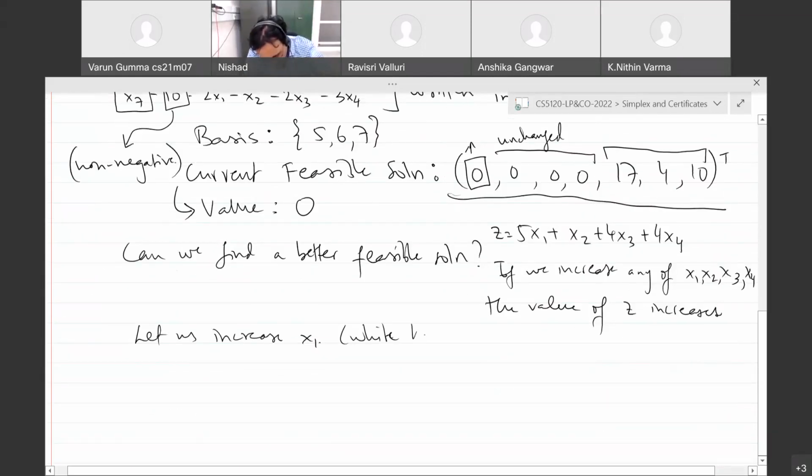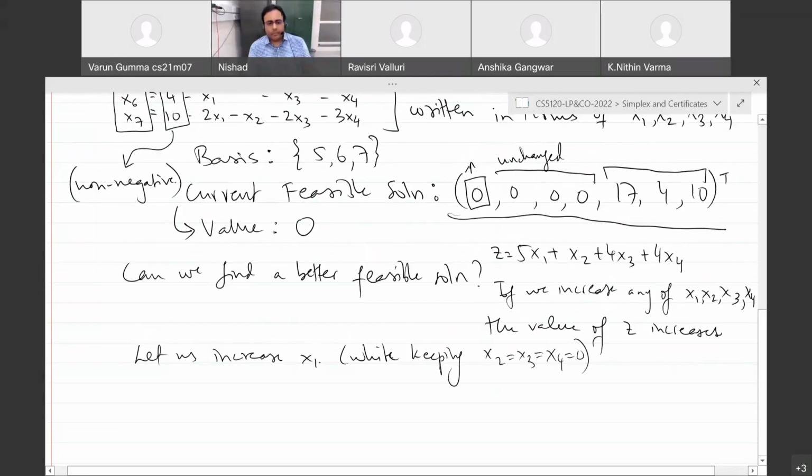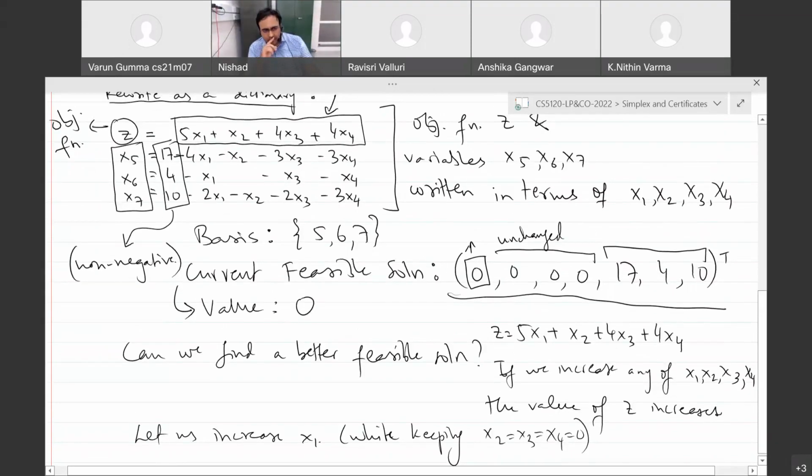While keeping x2, x3, and x4 all equal to 0. Okay. So can anyone tell me how much can we increase x1 by while keeping x2, x3, and x4 at 0?